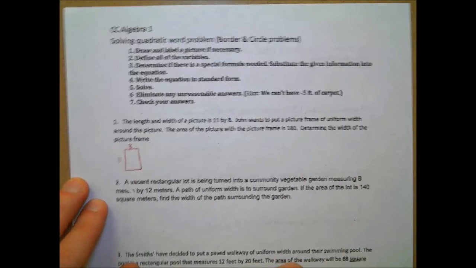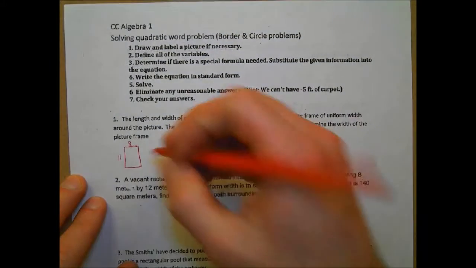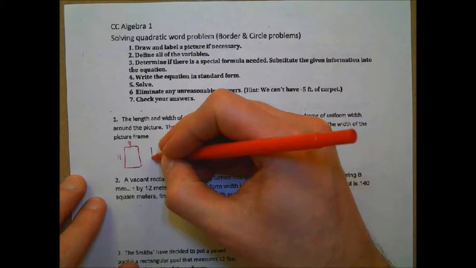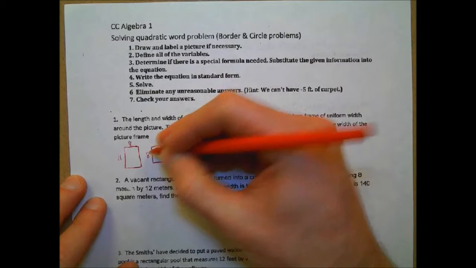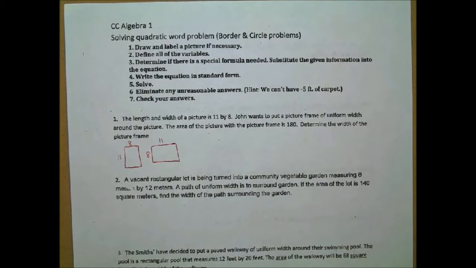And some people may say, Mr. Witt, no, that's wrong, this is length and width. I don't really care which one you use. It doesn't matter to me, because really, it doesn't matter. Just make sure you have one pair of sides that's 8, one pair of sides that's 11. So I don't care which one you use here.